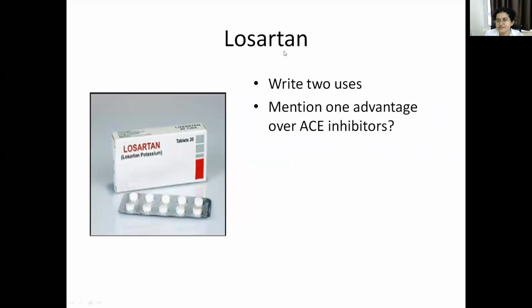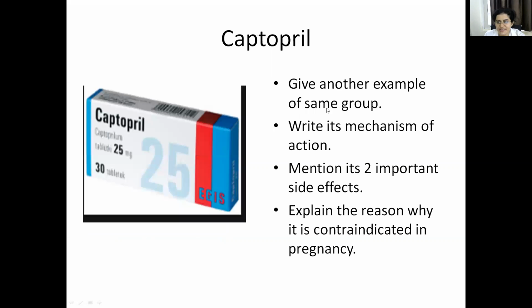Losartan. What is losartan? It is an angiotensin receptor blocker. Write two uses of the same. It can be used in case of hypertension and also for treating MI. Mention one advantage over ACE inhibitors. As you remember, ACE is an enzyme which causes conversion of angiotensin 1 to angiotensin 2 and also helps in degradation of bradykinin.